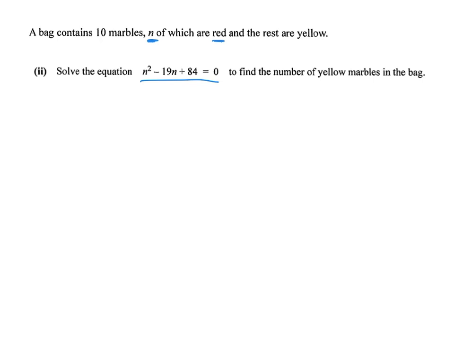But before that, let us try to find the solution for this. We notice that the coefficients are 1 for n squared, negative 19, and 84.